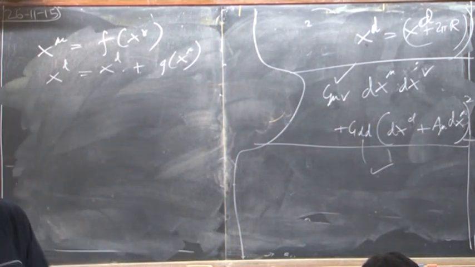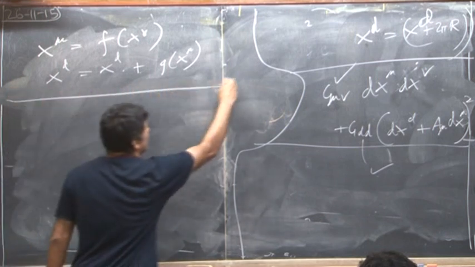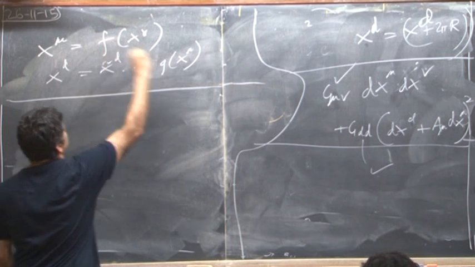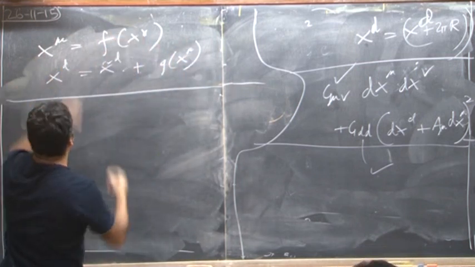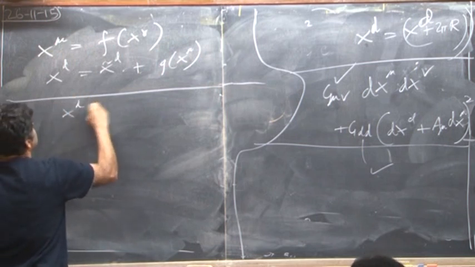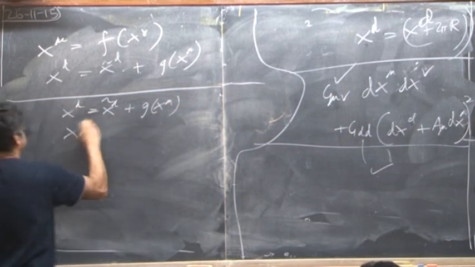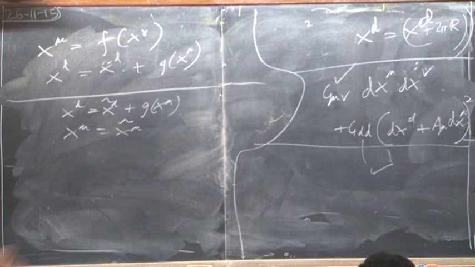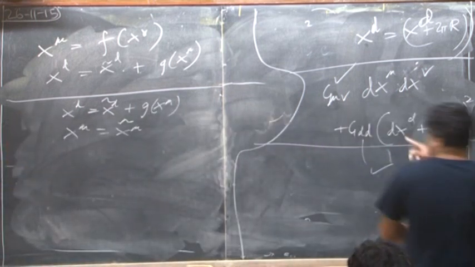But let's look at what effect it has on our metric. That's very easy to see. So let's call the new coordinates tilde, so let me not mix these up. Let's do xd is equal to xd tilde plus g of x mu, and x mu is equal to x mu tilde. So let's look at this metric.